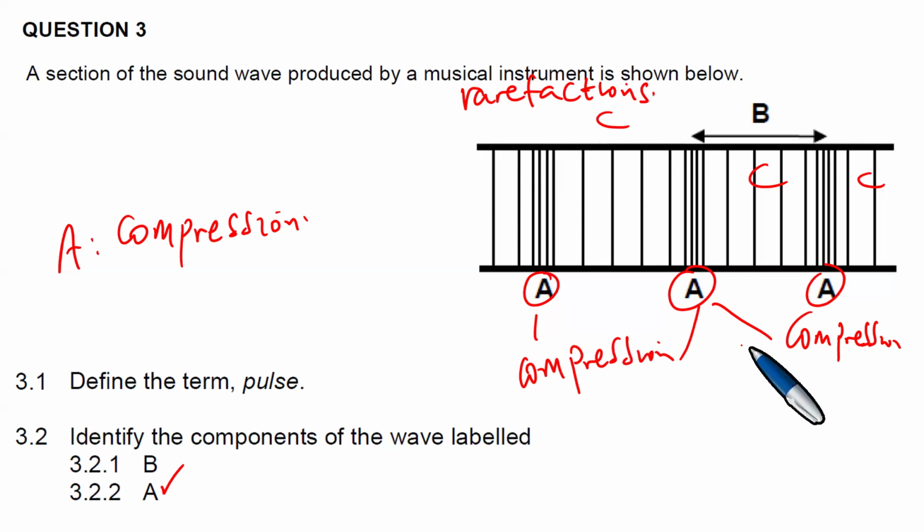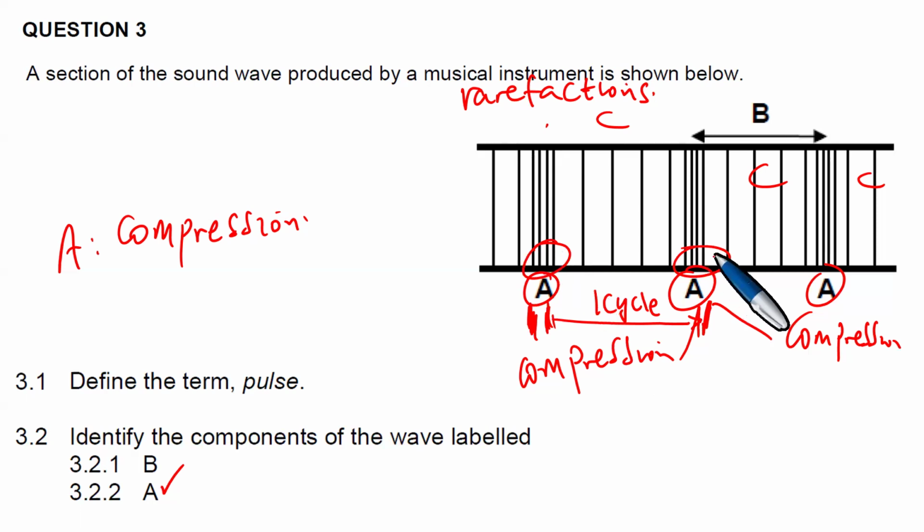And so now if you look at the spacing here, we're able to measure a full cycle, from here to there. From density to density, we can measure a full cycle.